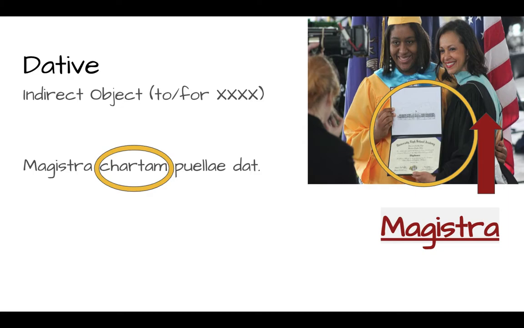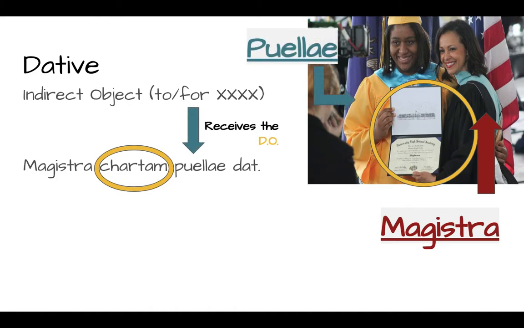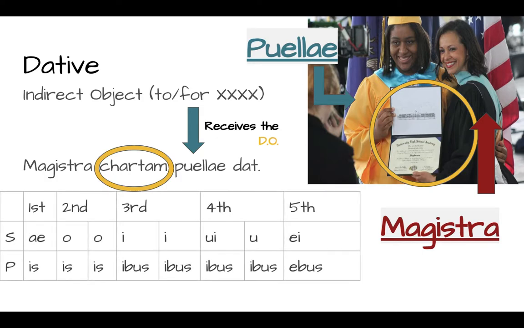So magistra gives, and what she's giving is the cartam, the accusative direct object, and she is giving it to the indirect object, to the girl. So magistra, nominative subject, performs the verb dat and performs the verb on cartam, the accusative direct object, and then the receiver of the direct object, or who it is to or for, is puella in the dative.